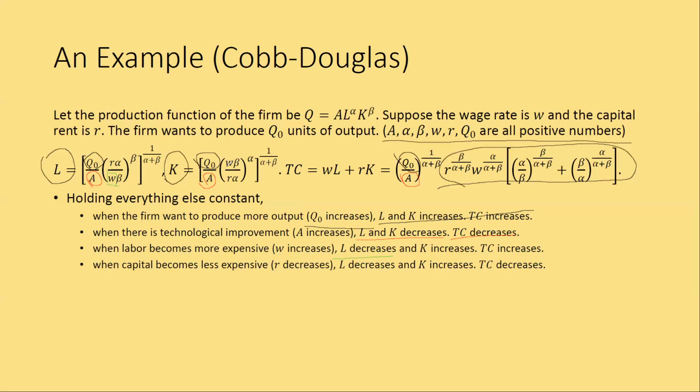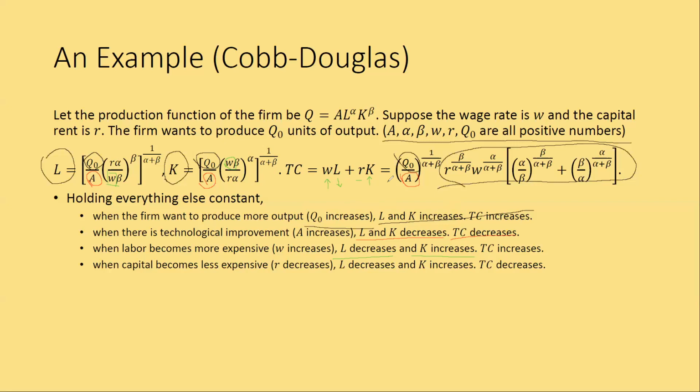However, for capital, when wage becomes larger, what's in the parentheses becomes larger, what's in the bracket becomes larger as well. So K increases. Now the total cost, well, we have our W that increases, our L decreases, our R that's constant, and our K that increases.